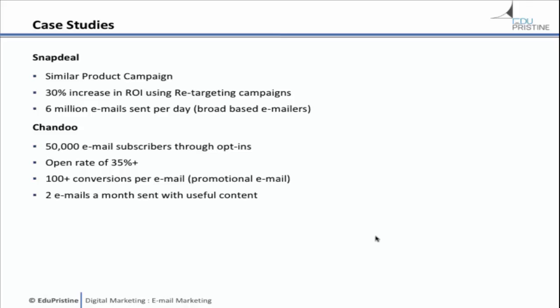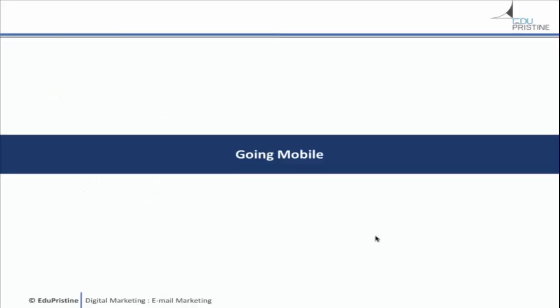Along with this, they send 2 emails a month with useful content. If you send your customers useful content, they would be more than happy. Okay, there are just 2. Now with this we complete the email part.